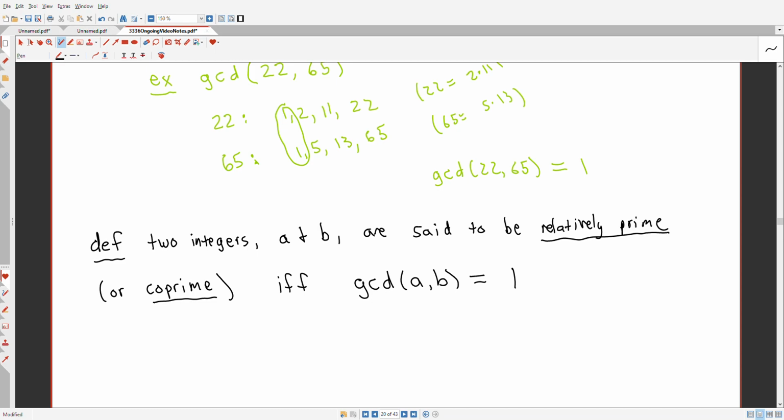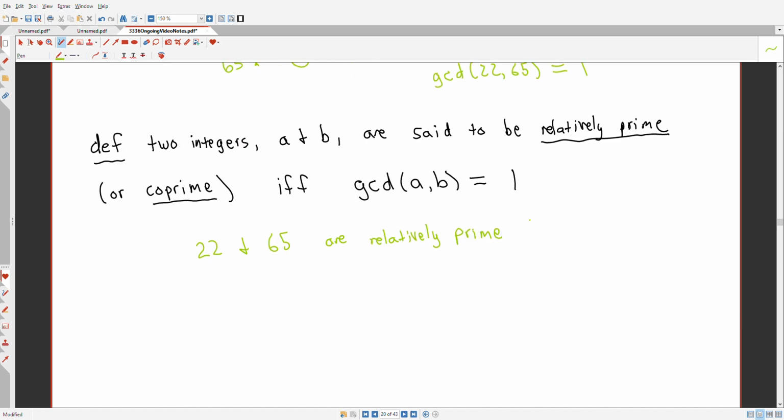And this happened with our above example. 22 and 65 are relatively prime, or you could call them coprime. And I want to make an important note about this example.